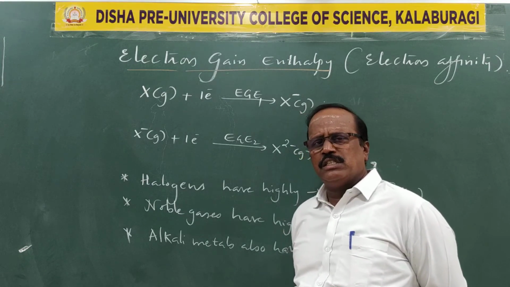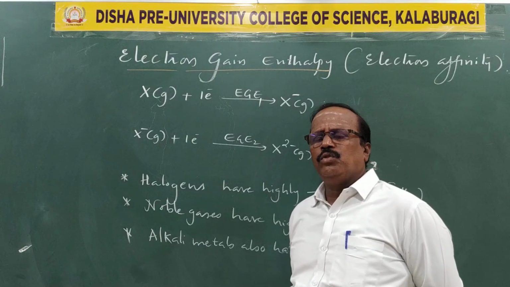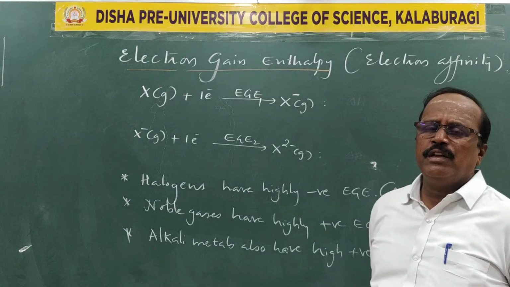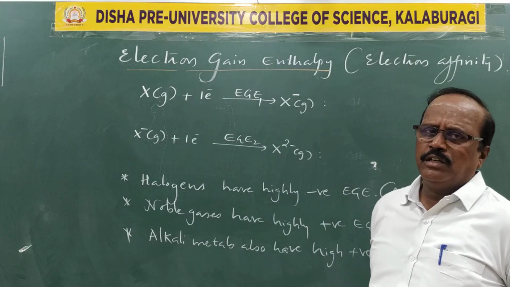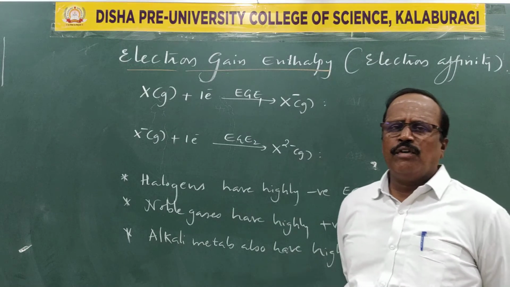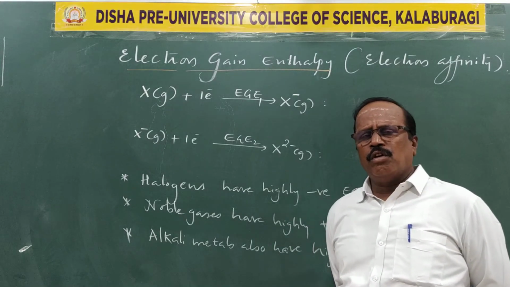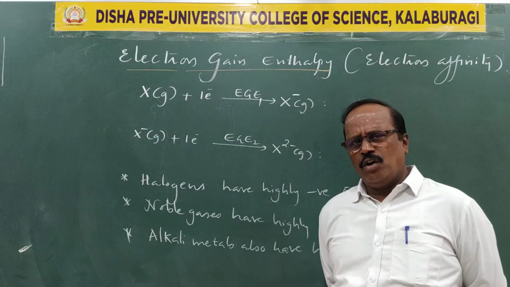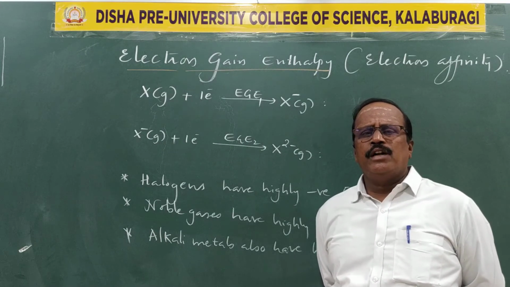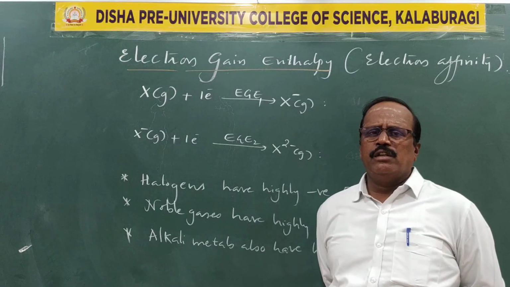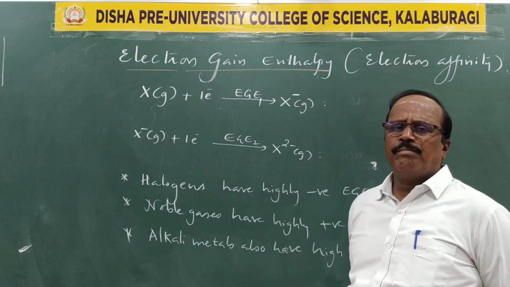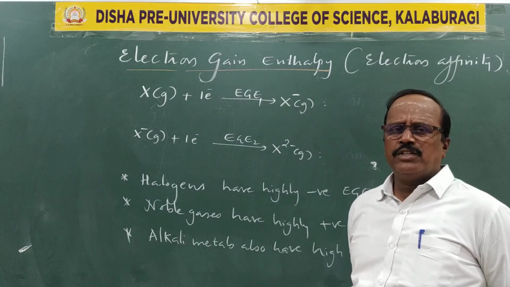The changes are noticed due to the penetration effect of 2s electrons compared to 2p, 2p3, 2p4. Finally, half-filled and fully filled configurations are more stable, and to disturb them we have to supply more energy.